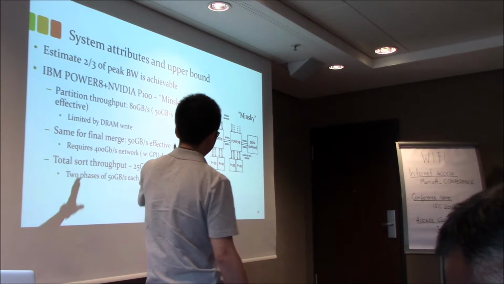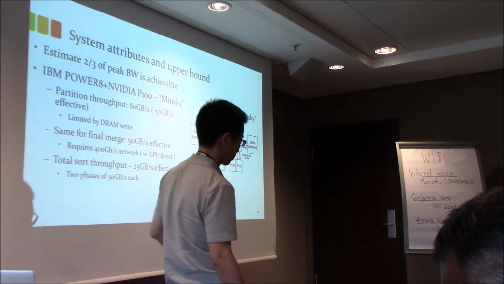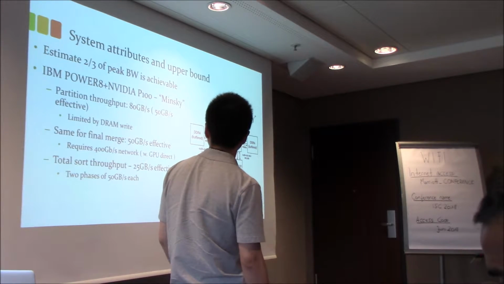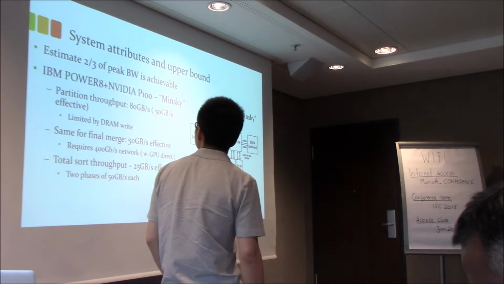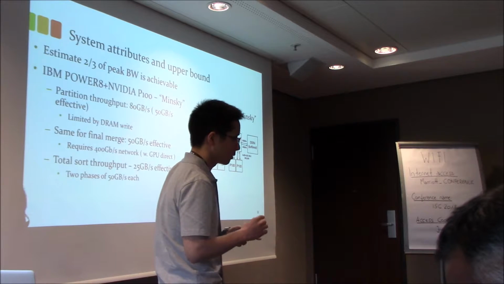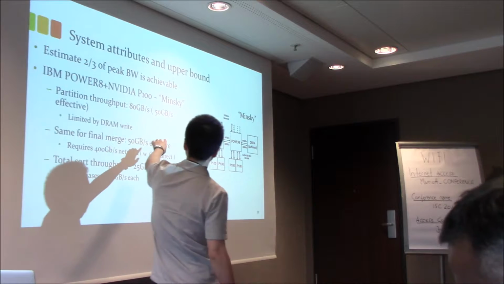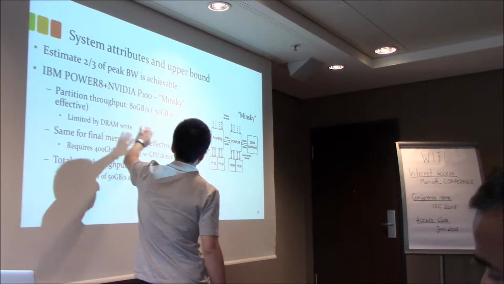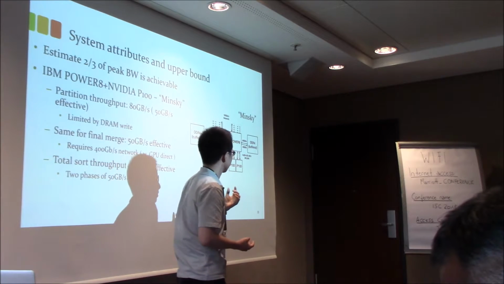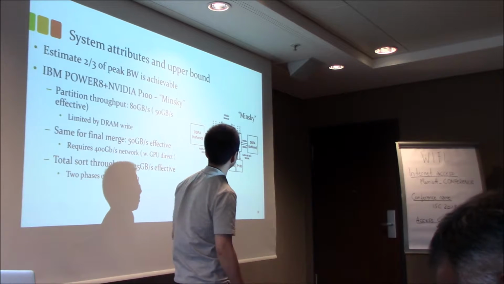Now this is the real system used in our work. This is Power 8, to compare with Power 9. This is a Power 8 system with Pascal 100, codename Minsky. We are estimating achievable bandwidth as 2/3 of nominal bandwidth. Let's look at the partition. Because the Minsky DRAM access is asymmetric, write to DRAM is half the bandwidth of the read channel.